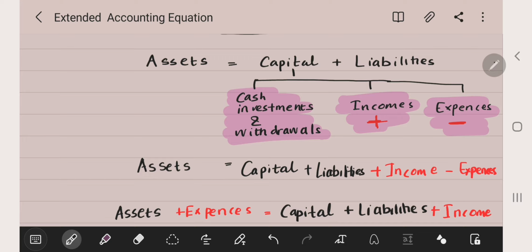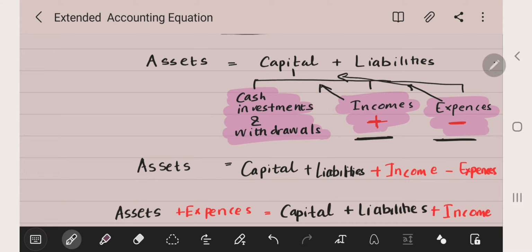At the end of the day, when the business carries out its activities, the business can either earn income or bear expenses. These incomes would increase the ownership of the owner in the business. Therefore, it will be a part of capital, as expenses will reduce the ownership of the owner.